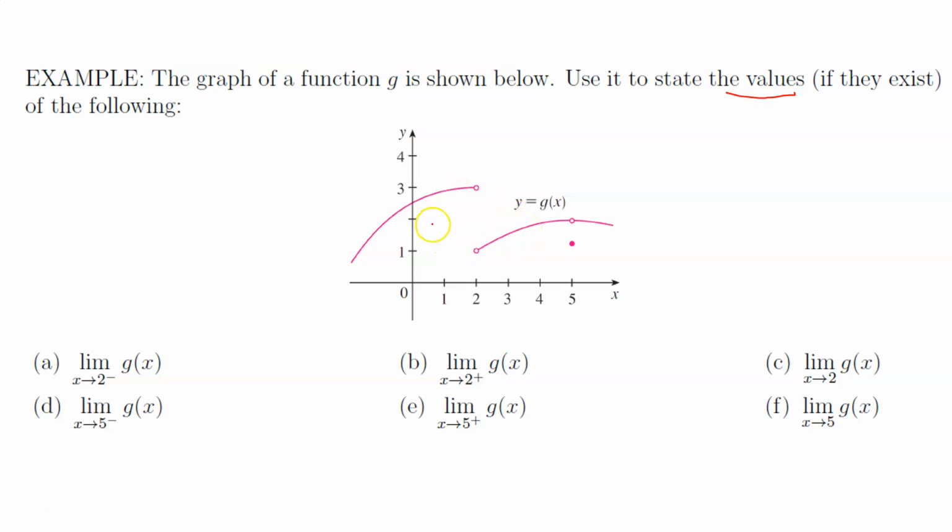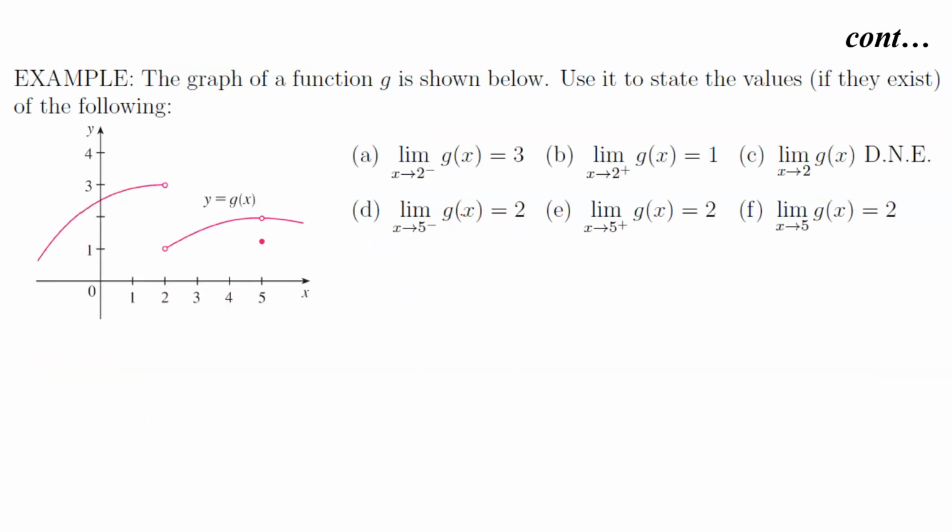Okay, kita tengok graph mana yang datang dari sebelah kiri. So obviously it is this one. So you're going to choose this graph over here, because it's 2 from the left. Okay, so what is the answer? Bila dia approaching 2, this is 2, right? From the left. So the answer equals 3.